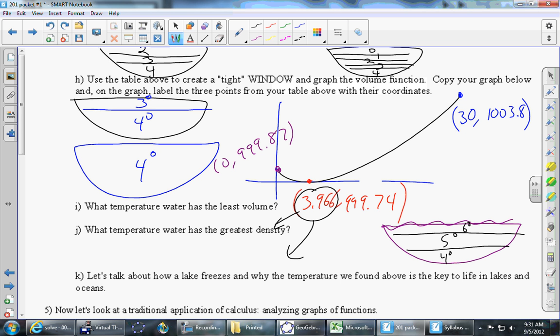And as it freezes, what's it going to do to the 1-degree water that's right below it? It's going to start making it colder. And so this stuff at the top will start becoming more and more 0. So maybe you get a thick chunk of ice at the top. But at the bottom, you still have some 1s and some 2s and some 3s and some holdout 4s. And no matter what happens, the 4s just keep getting pushed down there at the bottom.